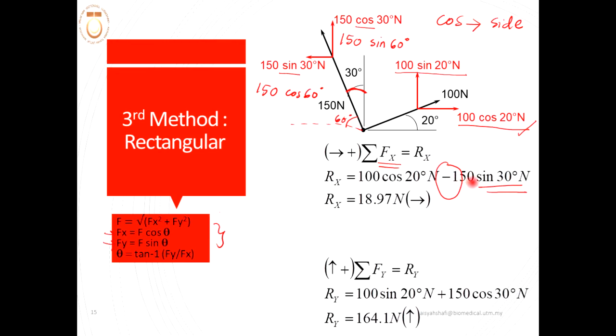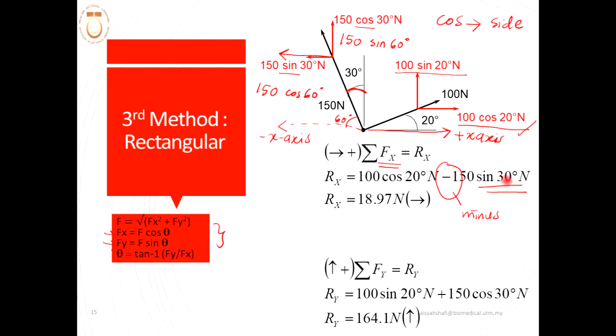Because when you expand this force from this one, it will expand toward here and toward up. The x-axis is positive toward the right, but this force is toward the negative x-axis. So that's why we need to minus it.